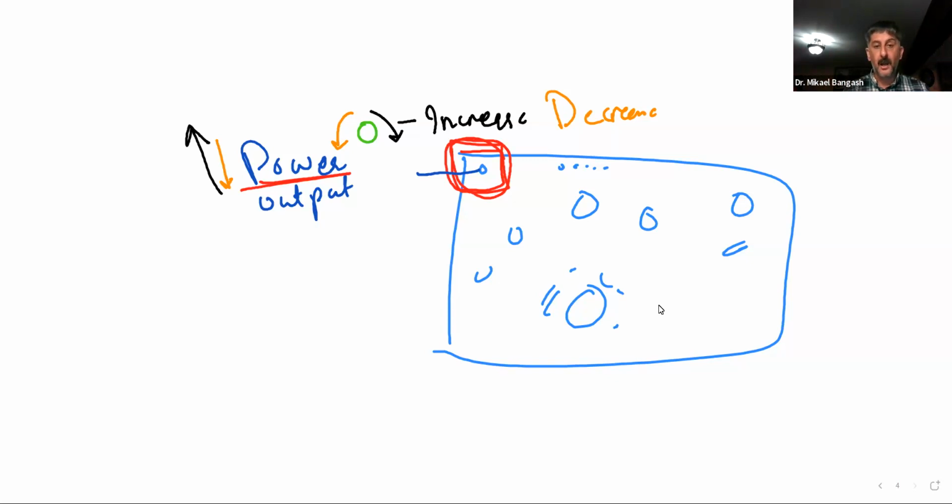So pretty much, the practical side of ultrasound physics is very straightforward.